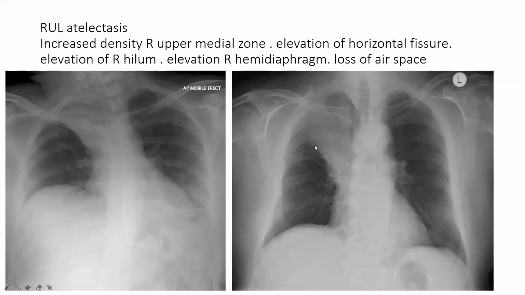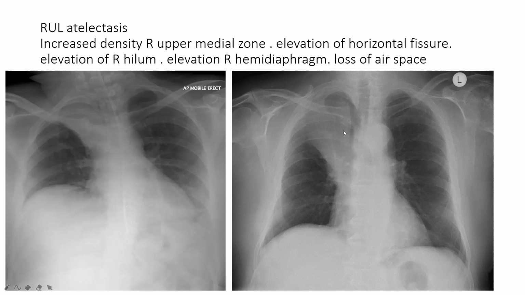We can also see elevation of the horizontal fissure, which means that the inferior border of that increased density area is quite sharp. And then we can have things such as elevation of the right hilum on that side. It can go up a little bit, and there can be elevation or tenting of the right hemidiaphragm, which we can see in this case. It's a bit tented and a bit sharpened in the middle.